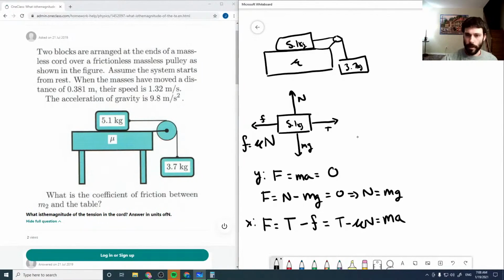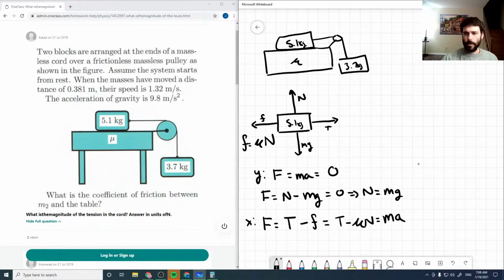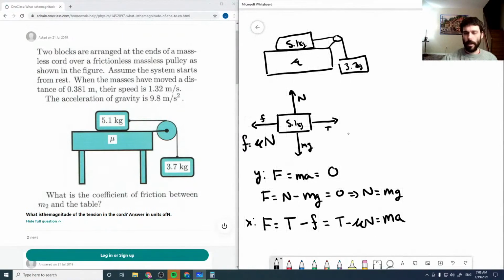Now, one thing we'll have to be careful of is to keep the directions of our masses traveling in the same direction. So that means for our 3.7 kilogram mass, we'll want our motion in this direction to be positive.